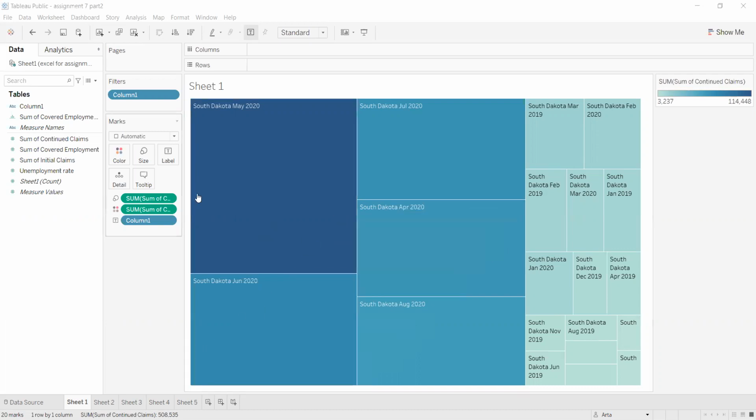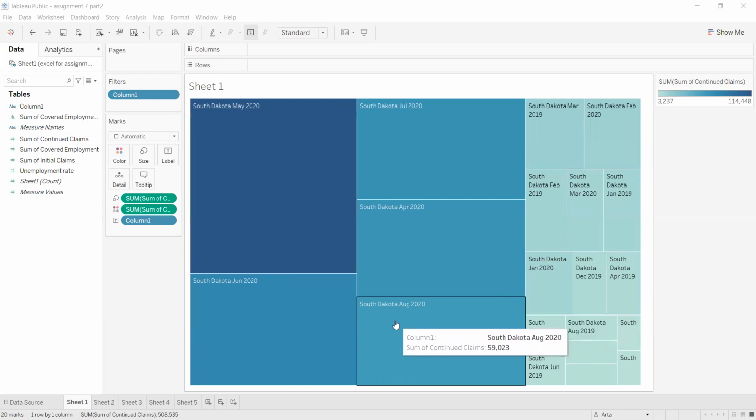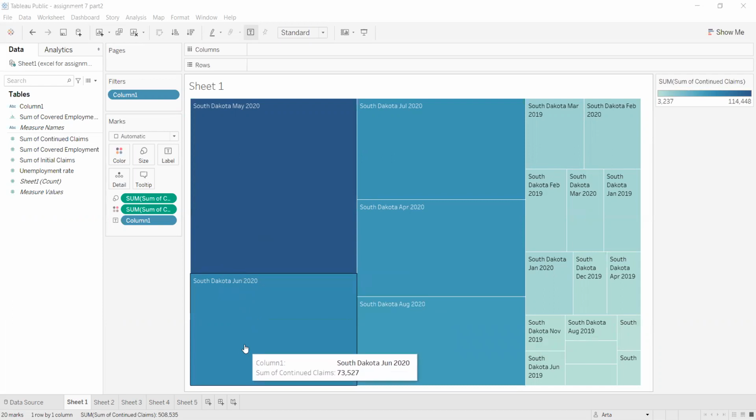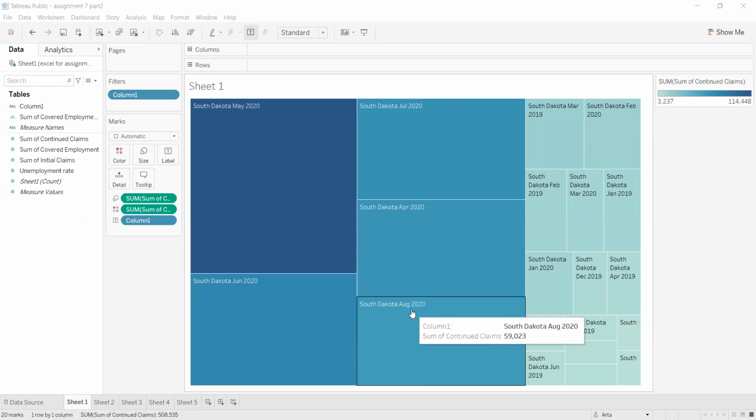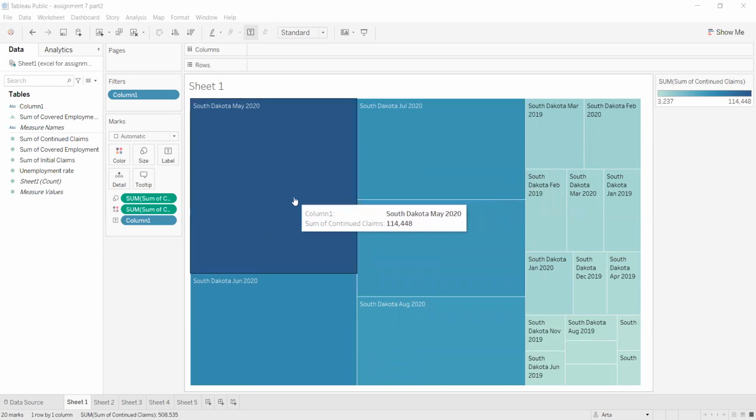As you see in this chart, I chose South Dakota and I compared the sum of continued claims in two different years, 2020 and 2019, in South Dakota.